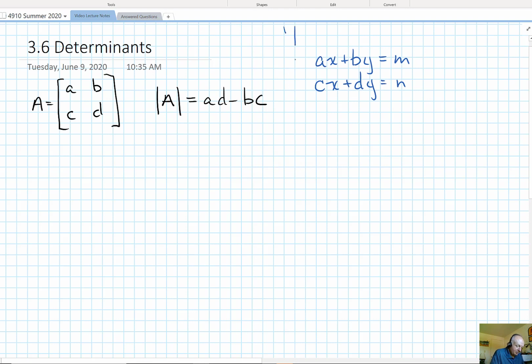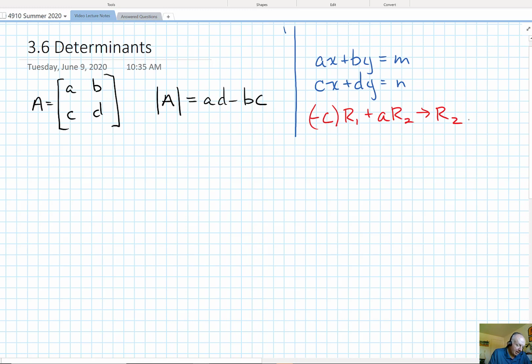If I wanted to solve this system for x and y, I would do my thing. I would say, okay, let's take negative c times row 1 plus a times row 2, and that will give us a new row 2.